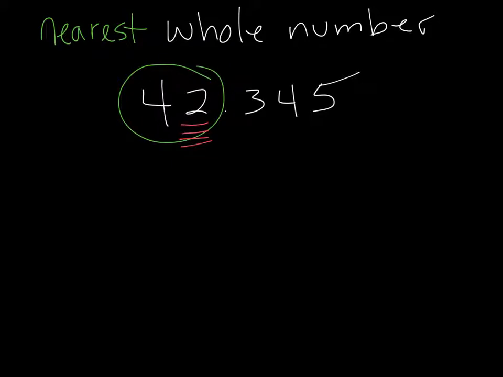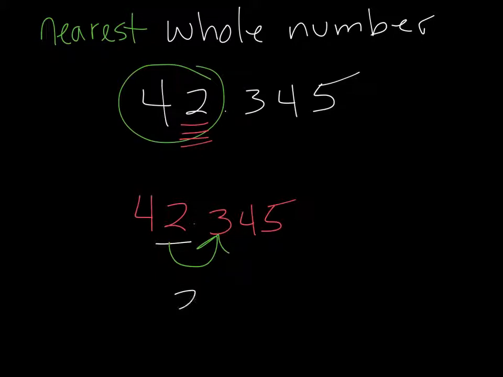So we're going to write our 42 and 345 thousandths. We're going to follow our steps. We're going to underline the nearest whole number, which is the ones place. We're going to draw an arrow to its partner. The partner is a 3. If I'm jumping in that pool and I'm swimming to 3 and I run out of breath, I'm turning around and going back. I'm going to stay the same.